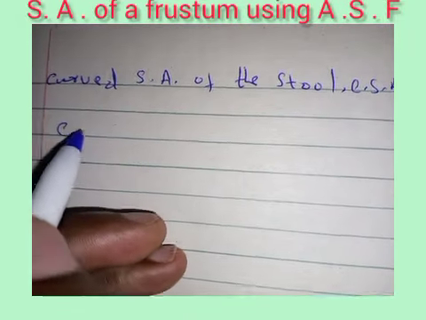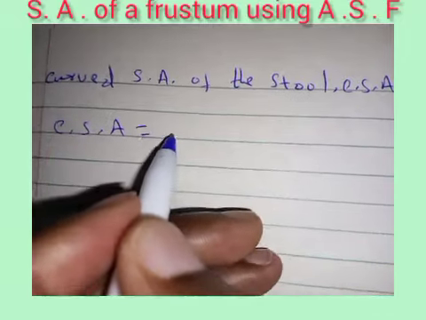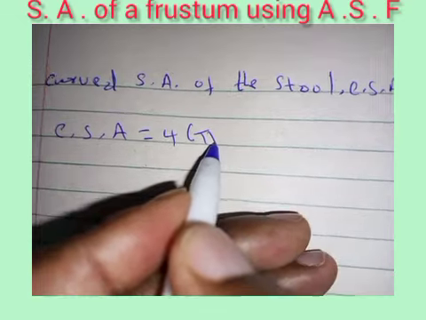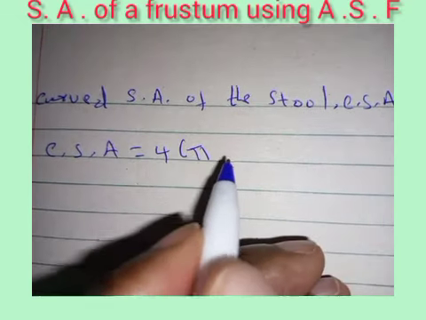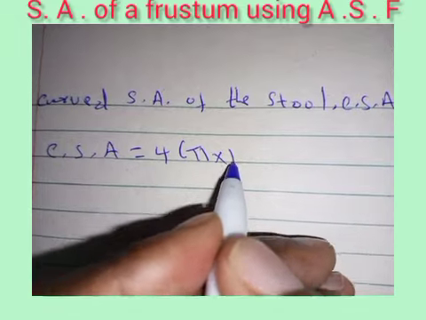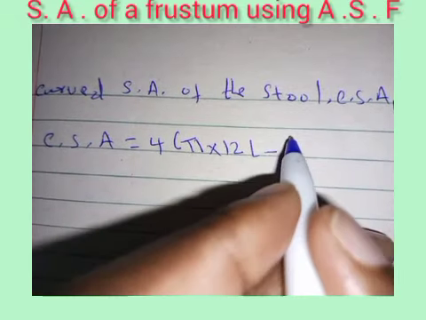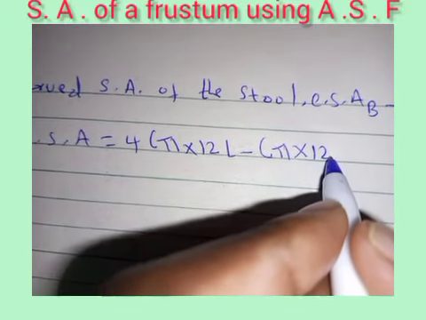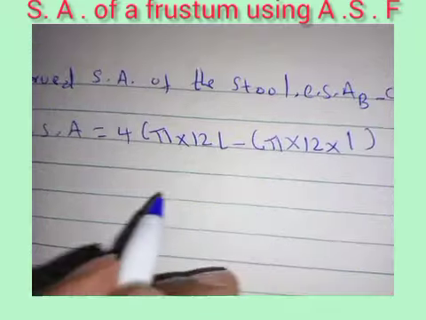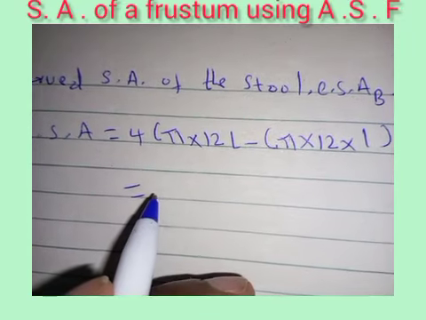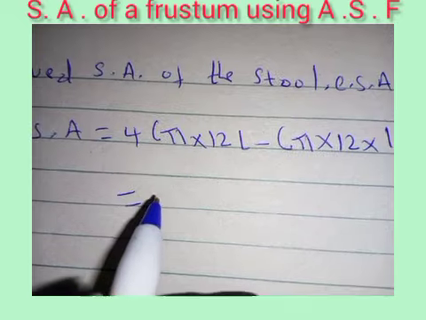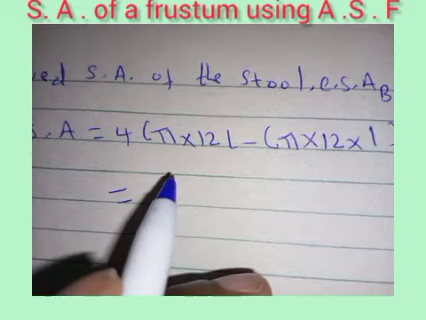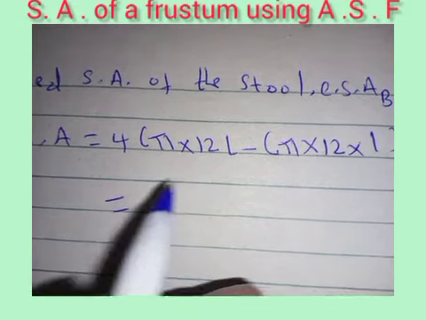So you have 4 into bracket pi times 12L minus bracket pi times 12 times L. We can simplify here, and we can even decide to factor out pi and 12.